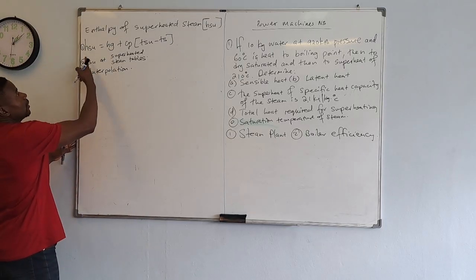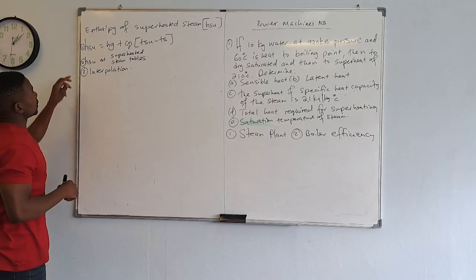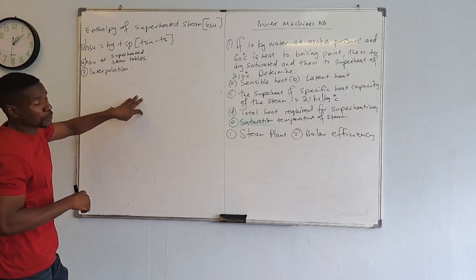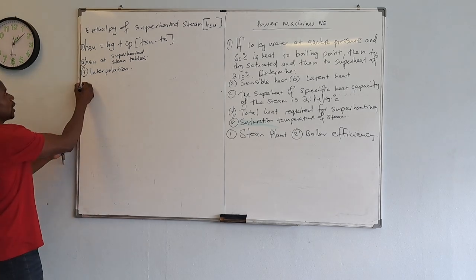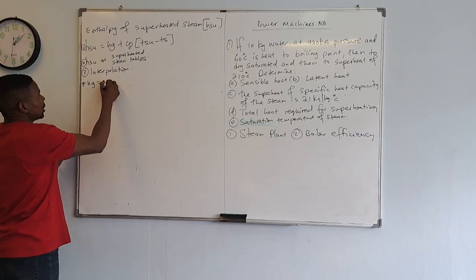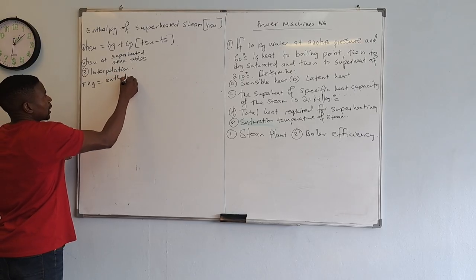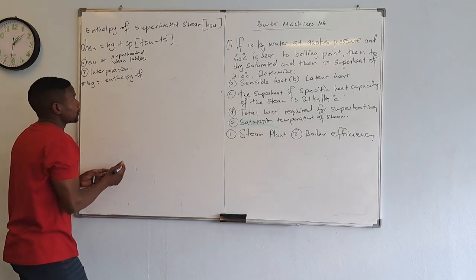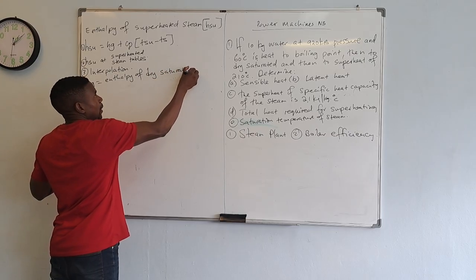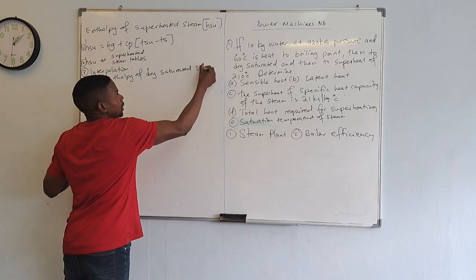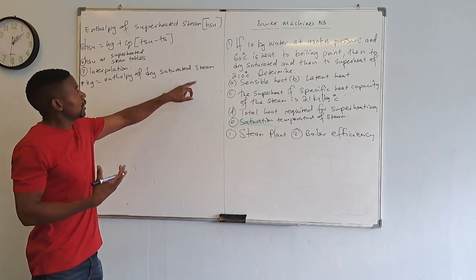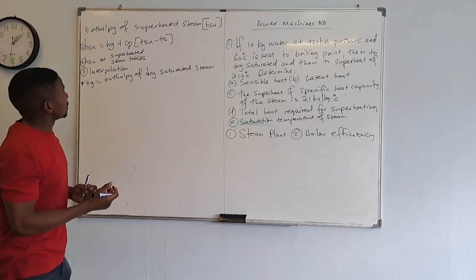Now, from our formula HSU, these are the three conditions on how we get our enthalpy of superheated steam. The question will be, what does Hg stand for? Hg is our enthalpy of dry saturated steam, which we also get from the superheated steam table.